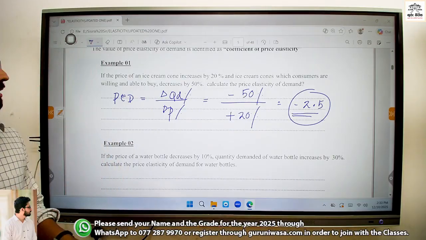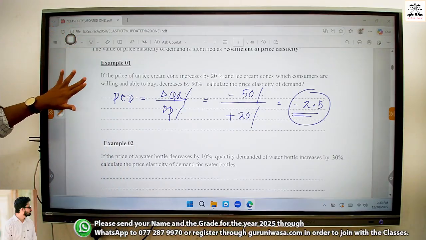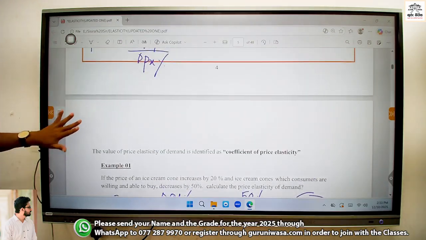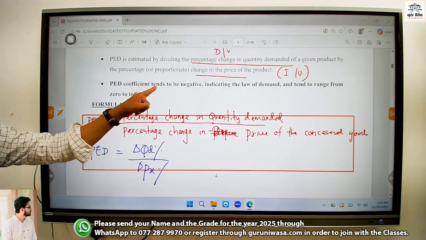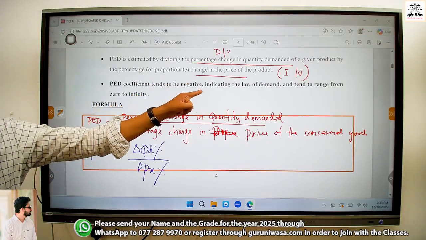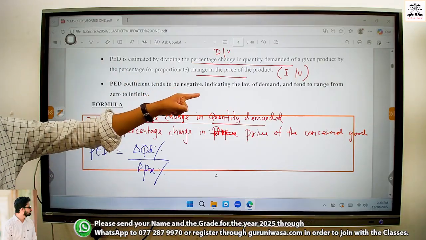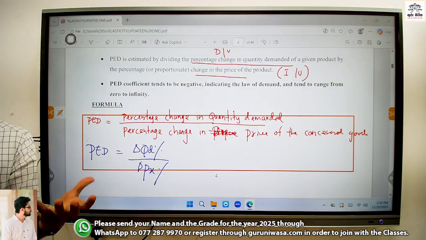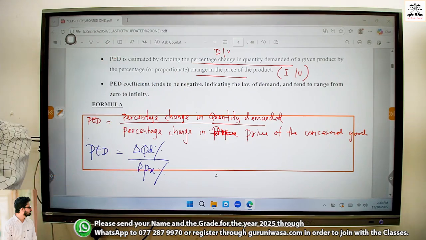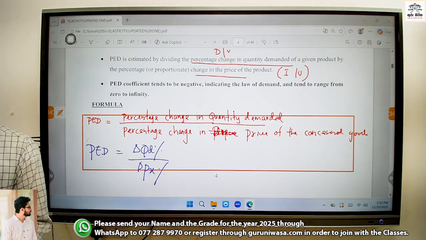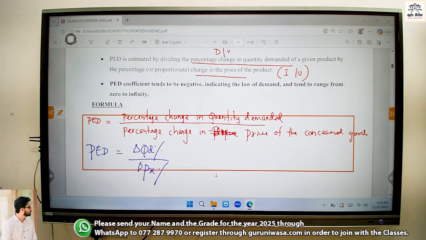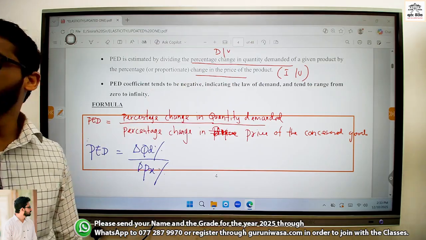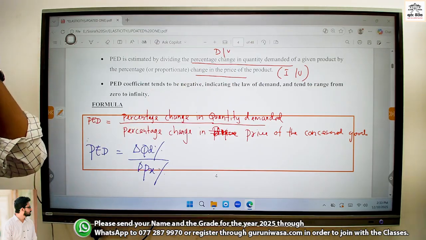Second one. Read this point: PED tends to be negative. Coefficient means the value that you have calculated. 2.5 is called the coefficient. Negative indicates the law of demand; when price rises, demand falls.